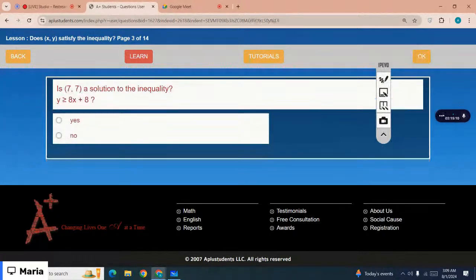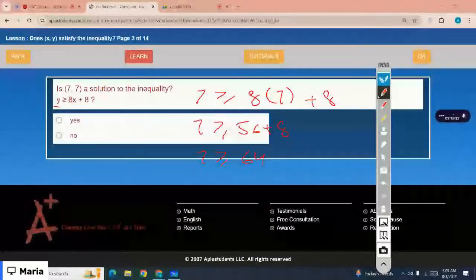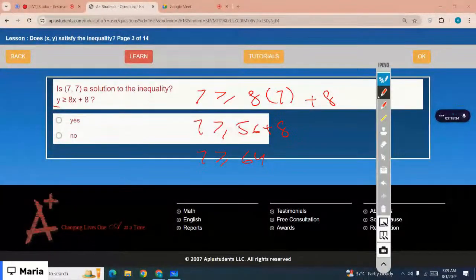Okay, the next one: is (7, 7) a solution to the inequality? Let's see, x is 7, y is 7, right? So replace the variables with the values. 7 is greater than or equal to 8 times 7 plus 8. So 8 times 7 is 56, and 56 plus 8 is 64. So 7 is greater than or equal to 64, yes or no?